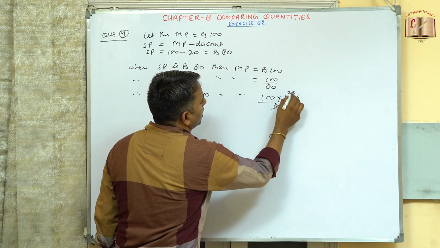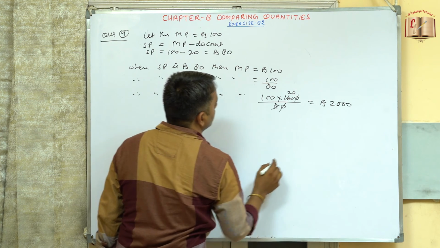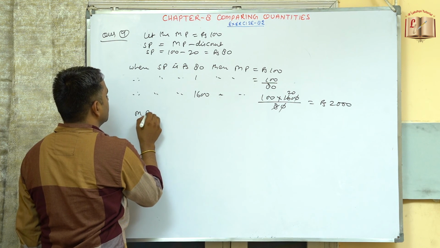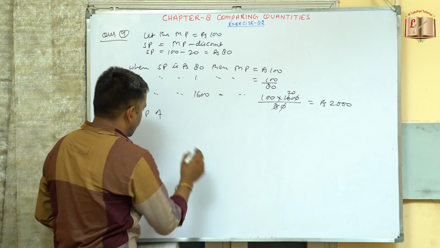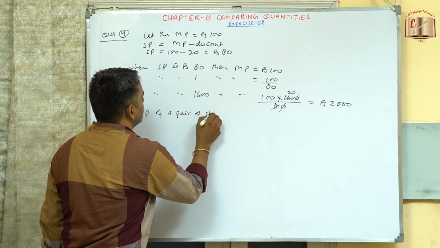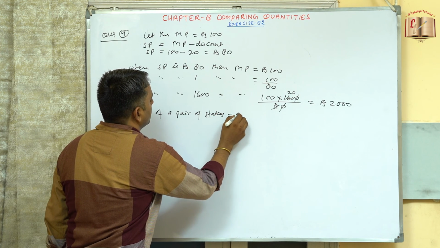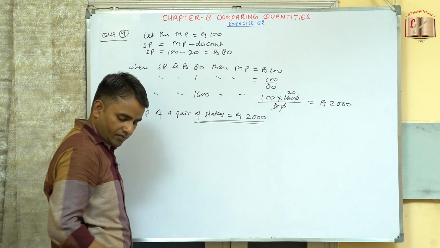So 80 into 20. So this is now rupees 2000. So the market price of the pair of slacks is equals to rupees 2000.